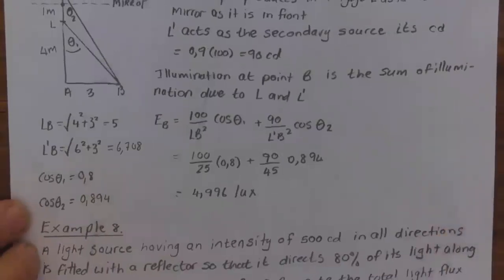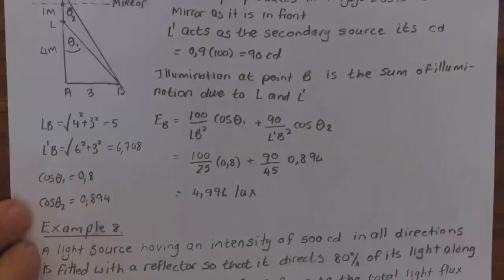Now the illumination at point B is the sum of the illumination due to L and L dash. So the length LB in the first case is the square root of 4 squared plus 3 squared, which is 5, and L dash B is the square root of 6 squared plus 3 squared, which gives us 6.708.